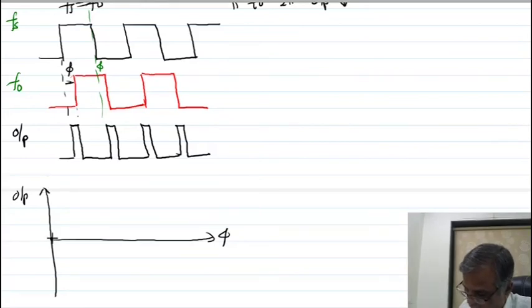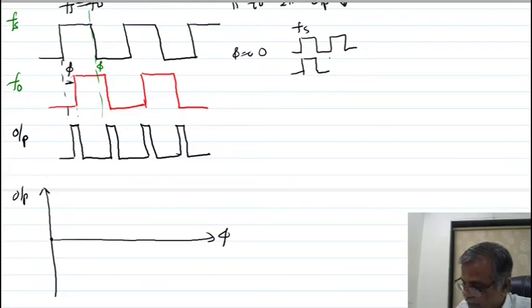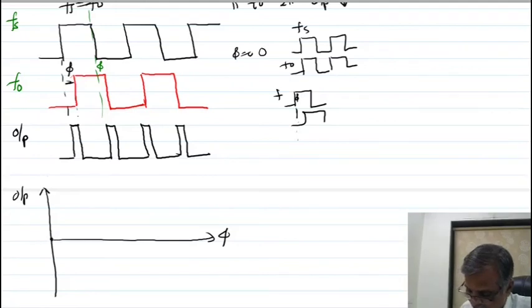See, at phi 0, for your understanding, this is your Fs and this is your Fo, so the output is 0. When the phase difference phi increases, your output increases. And when it becomes pi, this is called pi.